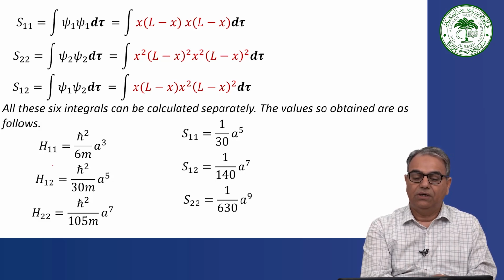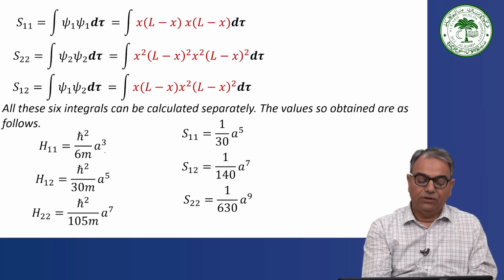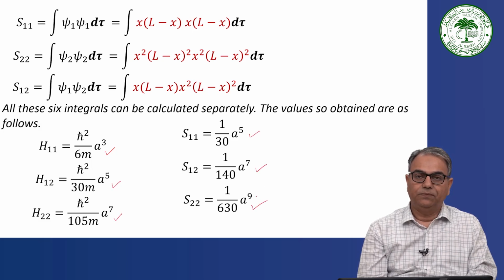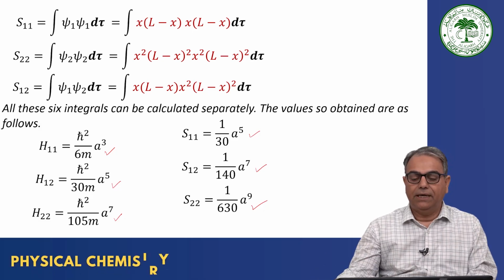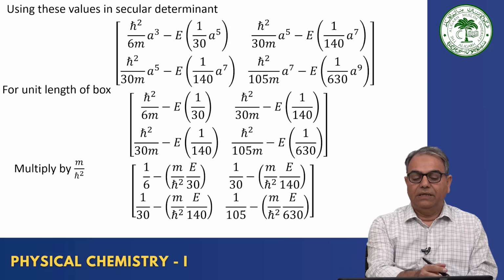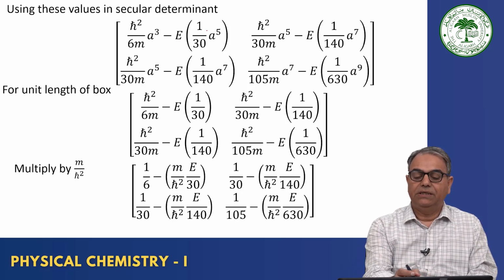I will not do it, you will do it yourself, and you should find the values H11, H12, H22, S11, S12 and S22. And if you use these values in the determinant, then you can write H11 minus E S11, H12 minus E S12, H21 minus E S21, H22 minus E S22.